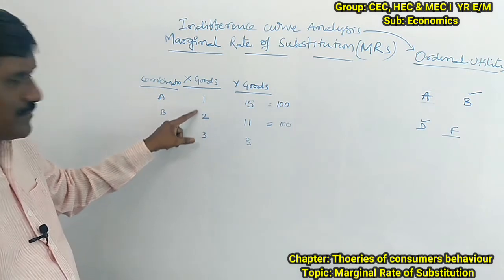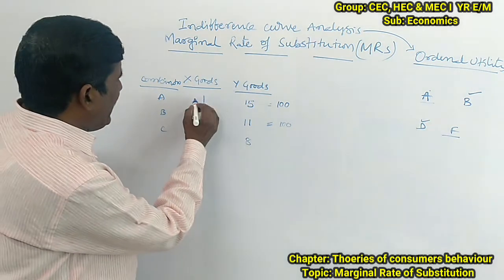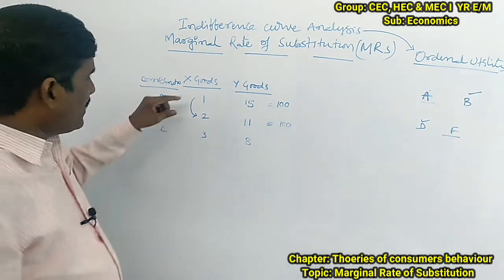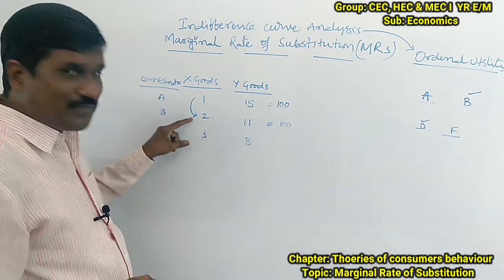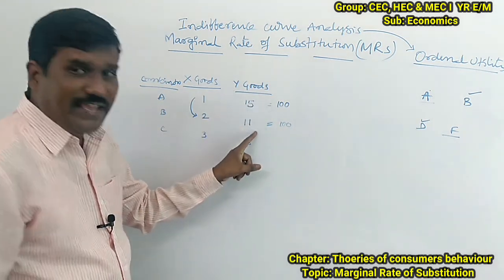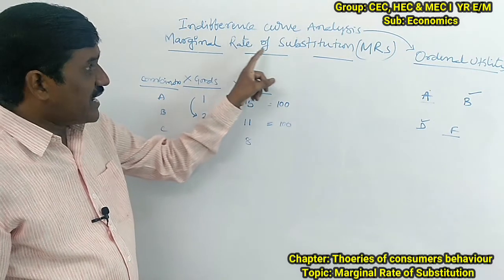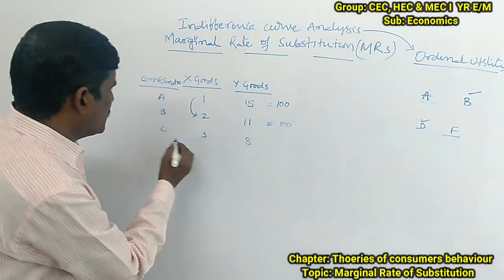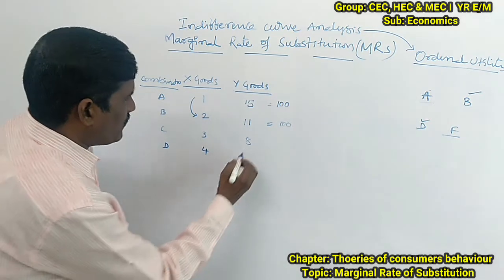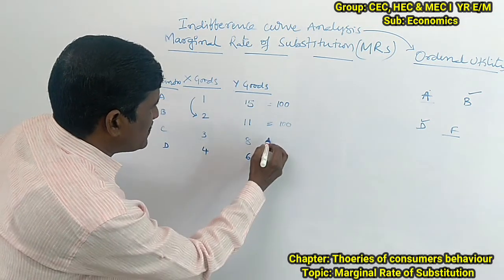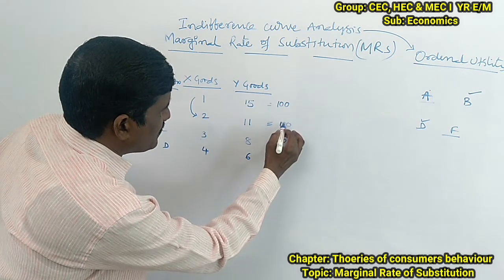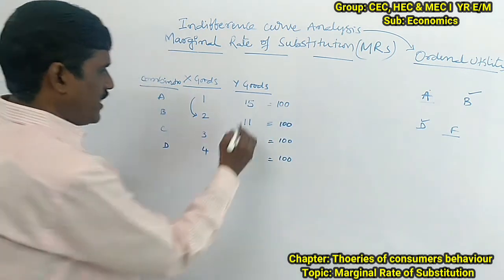Suppose first this is 1, and when we add another one, another means marginal. The marginal X good is a substitute for marginal Y. So for the marginal rate, let me analyze. Suppose this is D. The D is 4 and here 6, and this is 100 units and this is also 100 units.